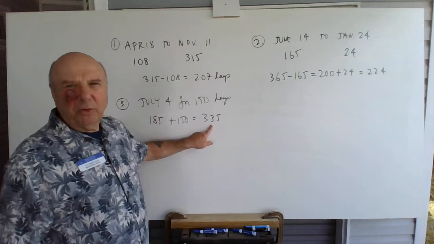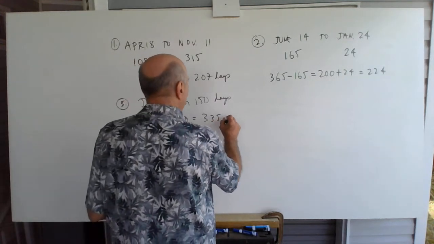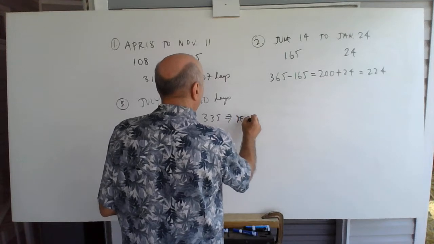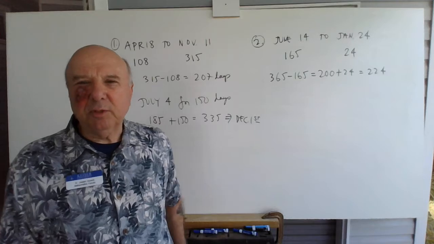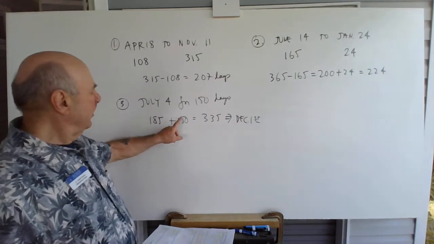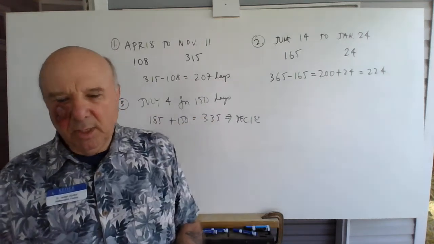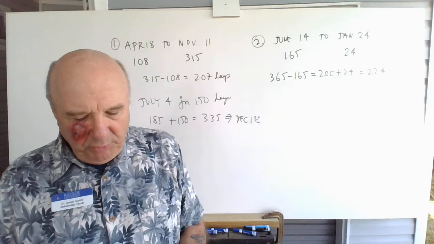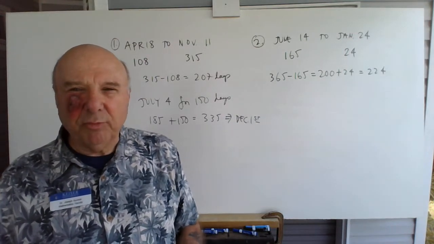Well, the 335th day of the year happens to be December 1st. So the loan would go from July 4th to December 1st, and that would be 150 days. So you get the idea? I'll be sending you this. So when we calculate loans and there's days involved, we know what to do with them.